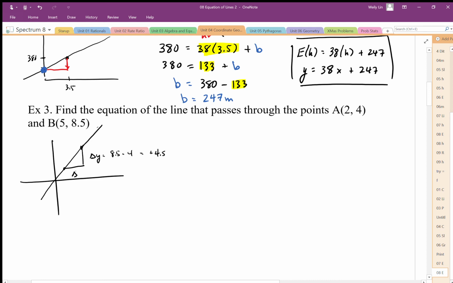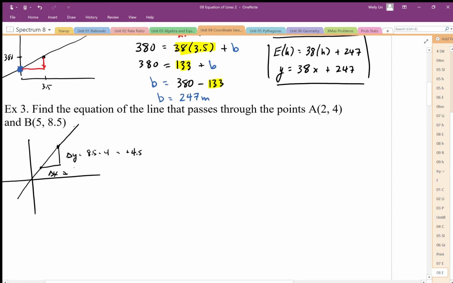My change in x, I'm going to end up at 5. I started at an x of 2, so I went to the right, plus 3. My slope definitely looks positive. Slope is equal to 4.5 over 3, which is equal to, I'm going to use a unit rate of 1.5.